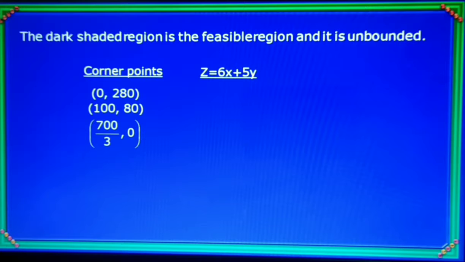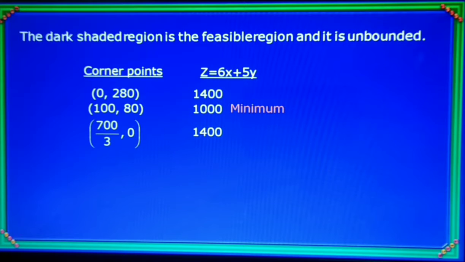Corresponding values of z are 1400, 1000, 1400. Among these, minimum value is 1000.